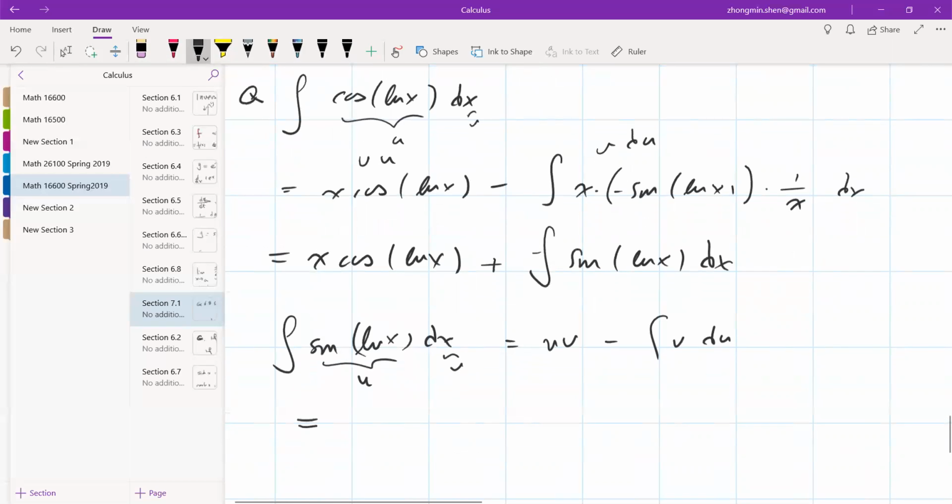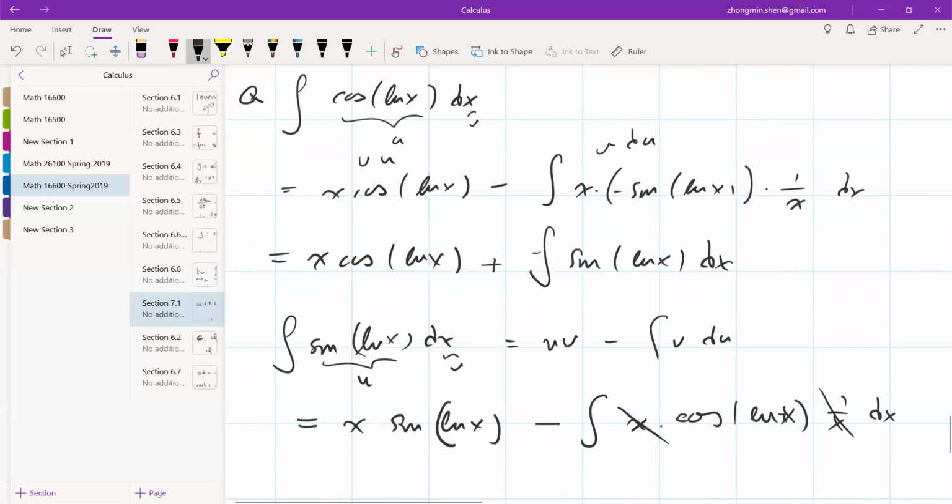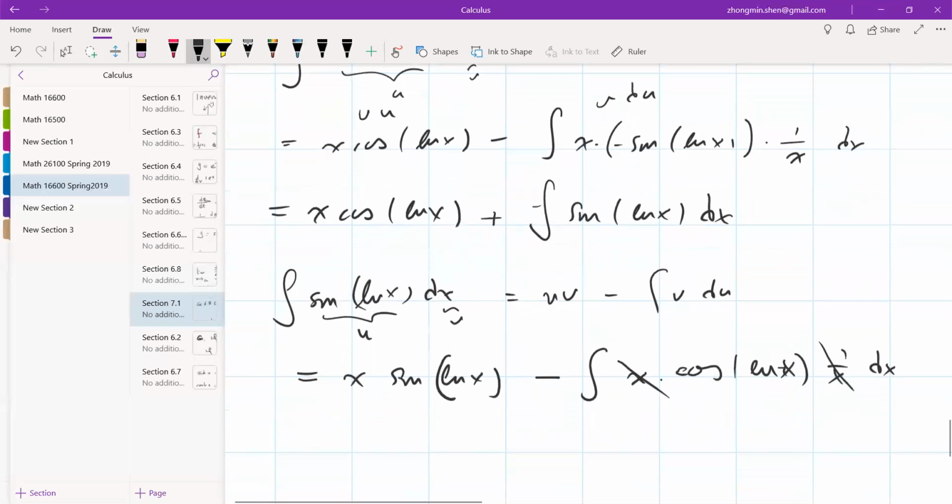I'll get u v, which is x sine natural log x, minus the integral of v, which is x, times the derivative of u. The derivative of sine becomes cosine, times 1 over x dx. So this cancels, and you will get negative x sine natural log x minus the integral of cosine.